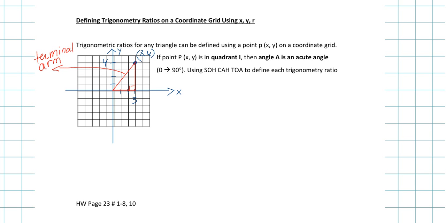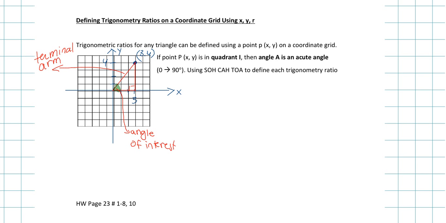So this is your angle of interest. Terminal arm, yeah. Sounds like we're going to the airport. So you see your triangle? Okay.